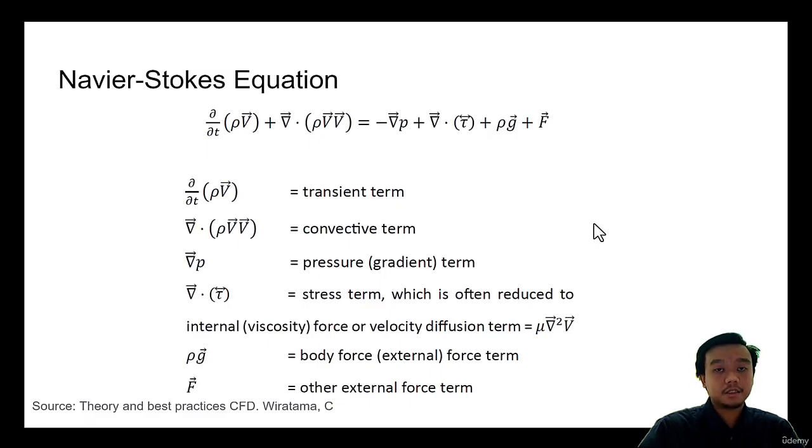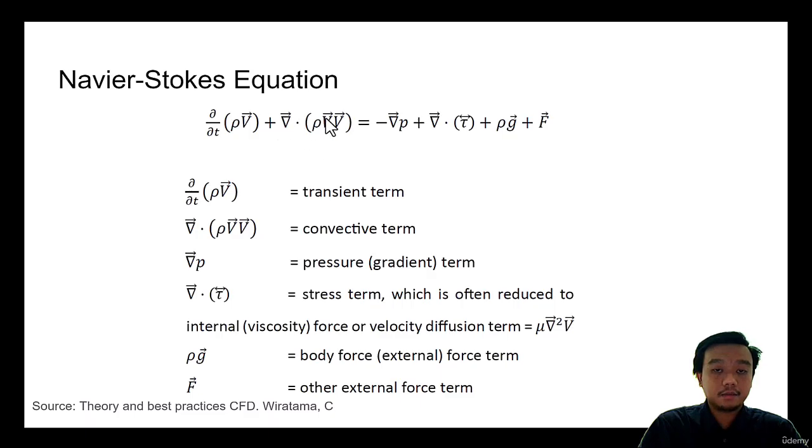The numerical method itself is sometimes divided by terms. For example, for this term, the gradient, or the double nabla, which is called the Laplacian, or the other terms, will be solved with other discretization schemes. That's why you must understand each term. The first term is the transient term because it consists of the time derivative.